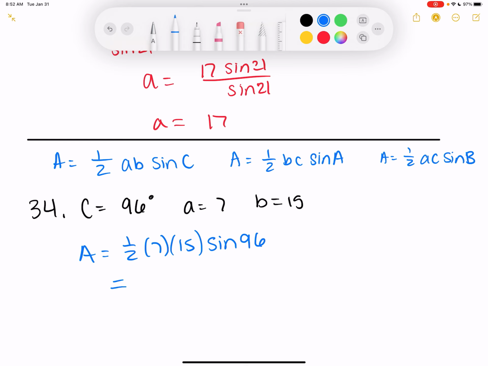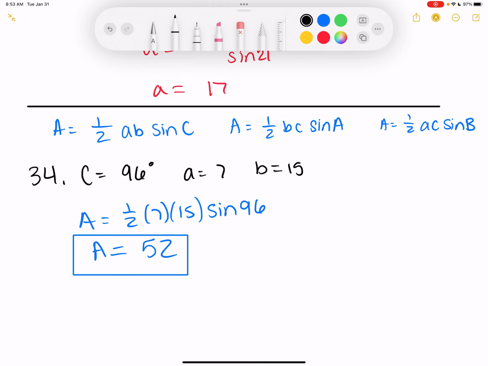And again, I'm going to go nearest whole number just to be consistent with everything. The only thing that we're not doing nearest whole number for is H, basically. Area is 52.